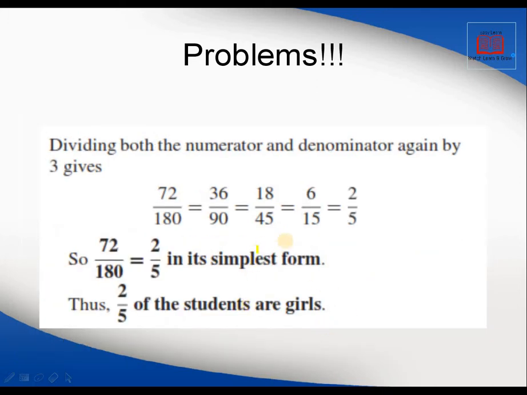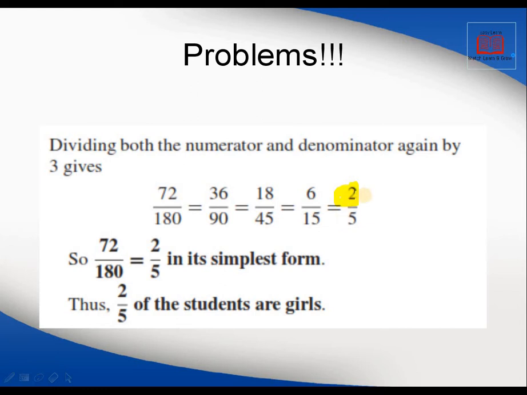So after further dividing, you can see that 2 by 5 is the simplest form, and we cannot continue further.